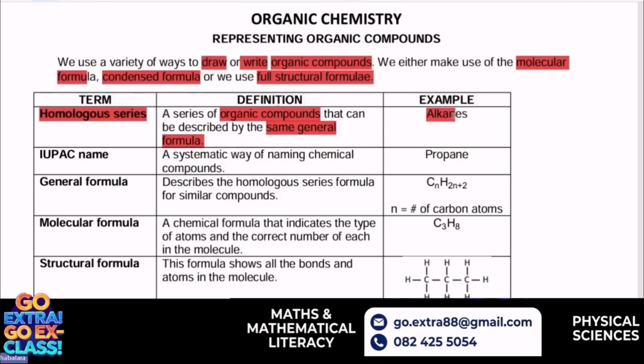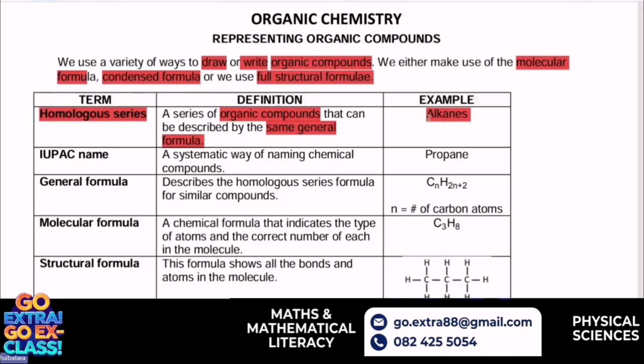For example, here I've made an example of alkanes. You remember in the previous video, we said alkanes are a group of compounds. We have methane, ethane, propane, butane, and all the rest. All those names form a series of organic compounds.